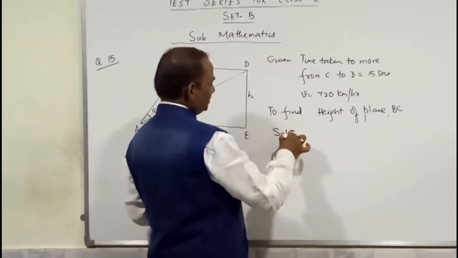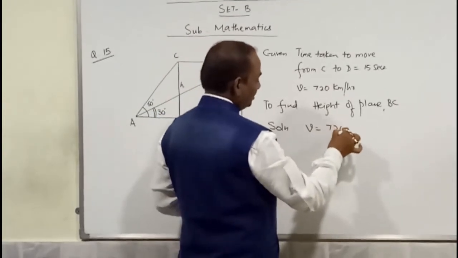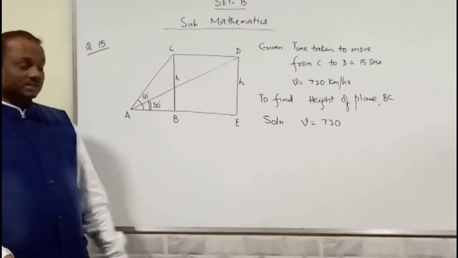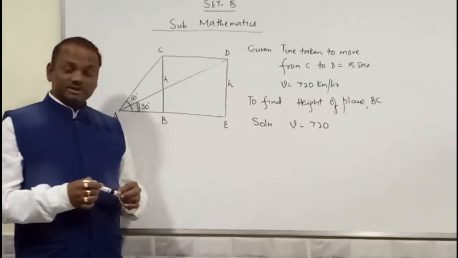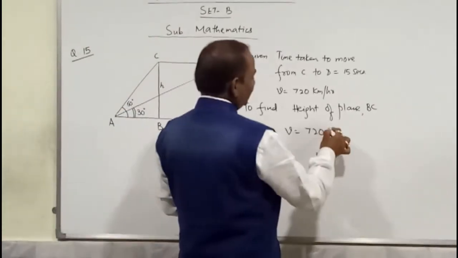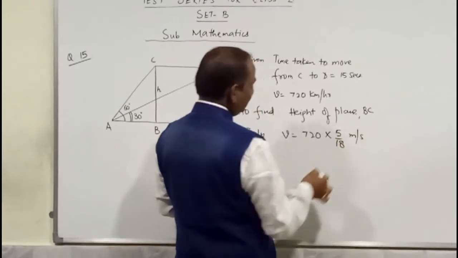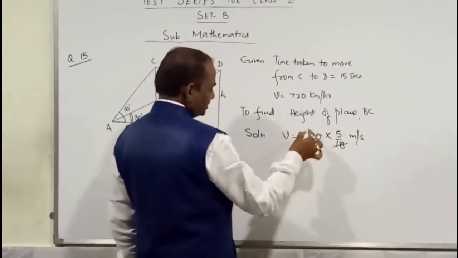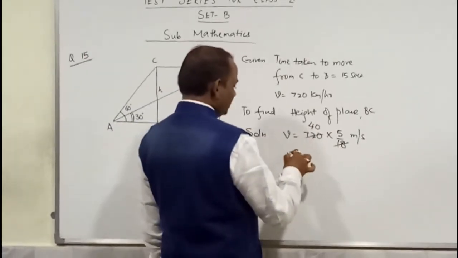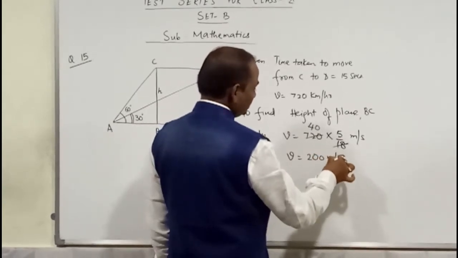For the solution part, I first convert the speed, that is 720 km per hour, into meter per second. Now you must have read in the earlier classes that kilometer per hour can be converted into meter per second by multiplying by a ratio, and that is 5 by 18. So I'll multiply by 5 by 18, and it gets converted into meter per second. Here I can say it is 40 times 18, 4 to 72 and 0. So v is 40 into 5, that is 200 meters per second.